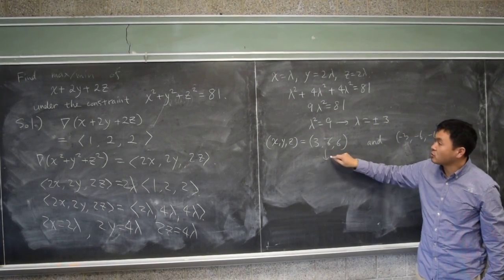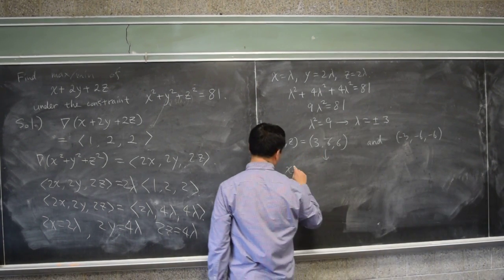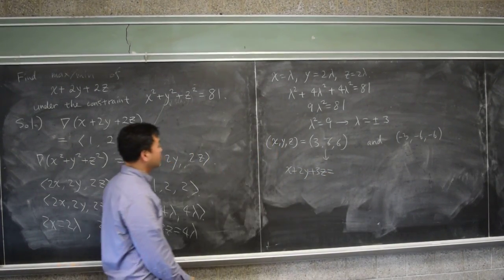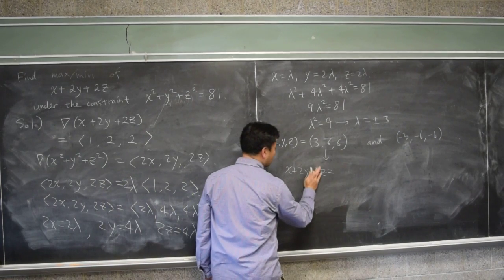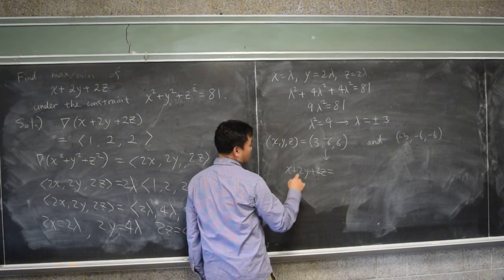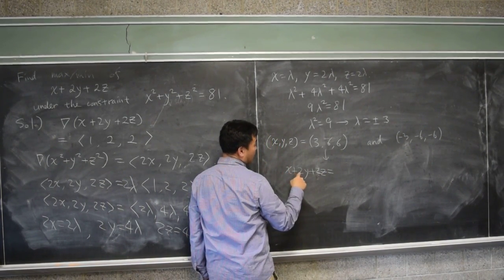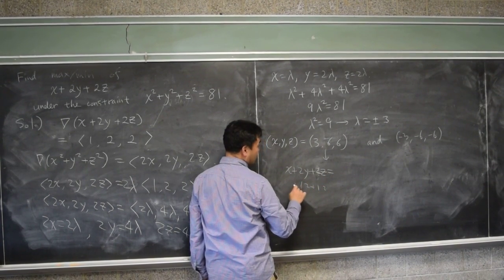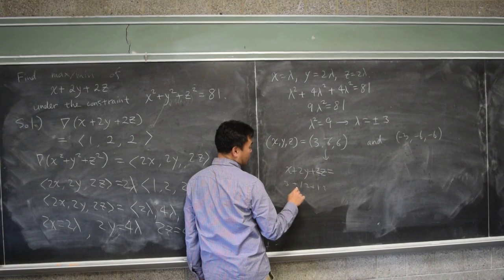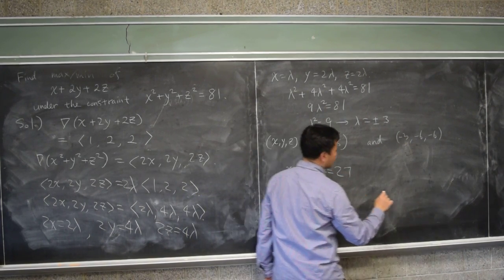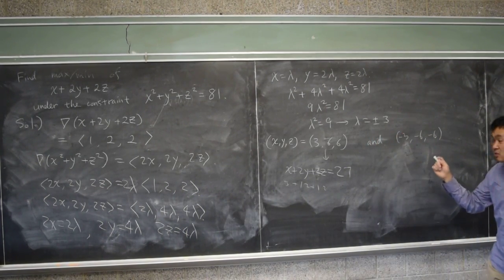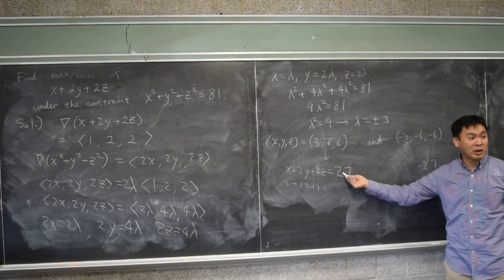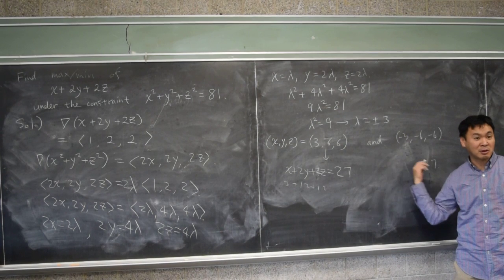Now for this case, what's x plus 2y plus 2z equal to? 3 plus 12 plus 12, that's 27. For the other one it's the same thing with just a negative, so it must be negative 27. Since this is greater than that one, this must be the maximum, and that must be the minimum.